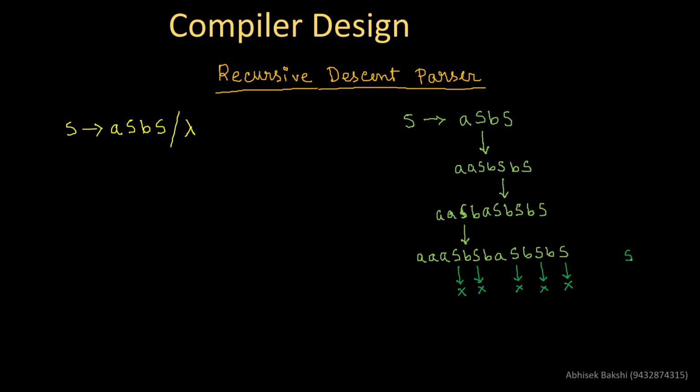Obviously by using the production rule S → lambda. So five times I have to use this. As a result, all the S's vanish, and ultimately the string that I will get is something like A, then B, then again A, then again B, then B, something like this, right?